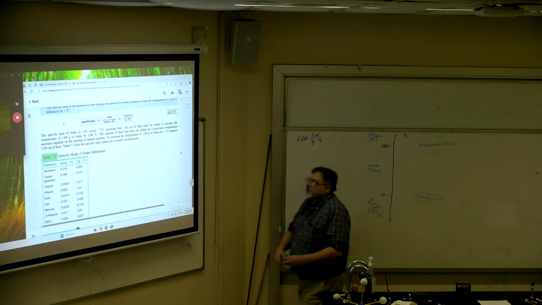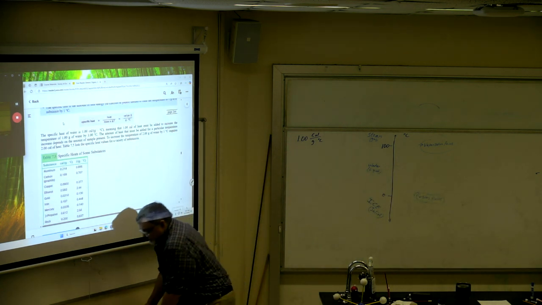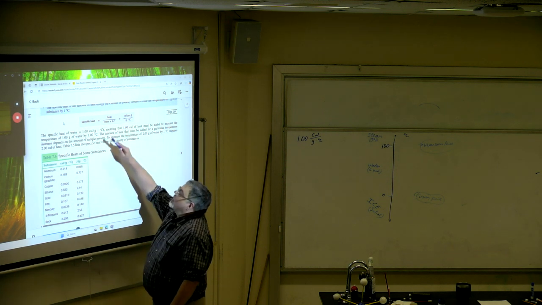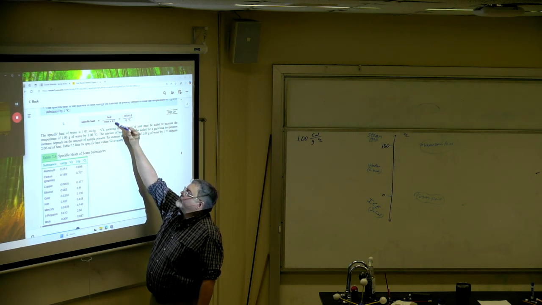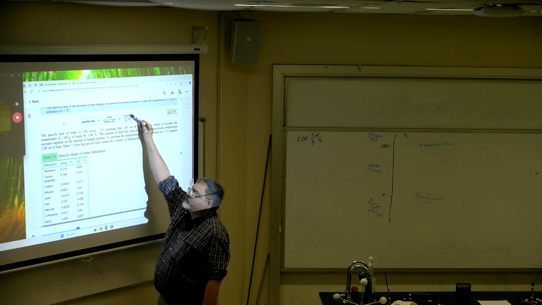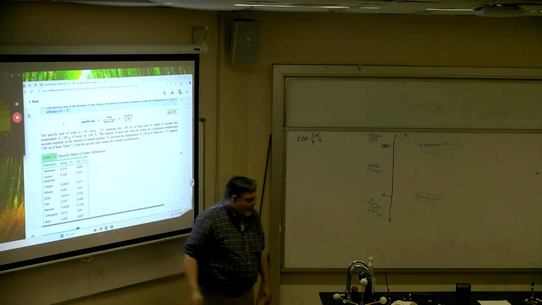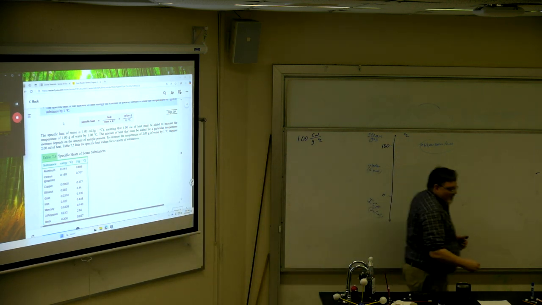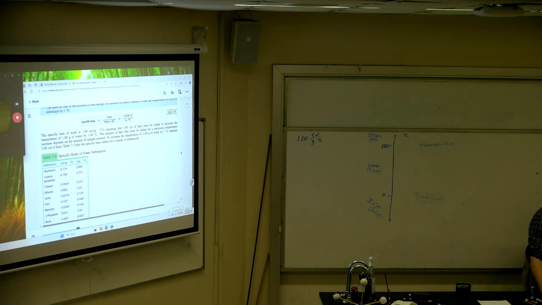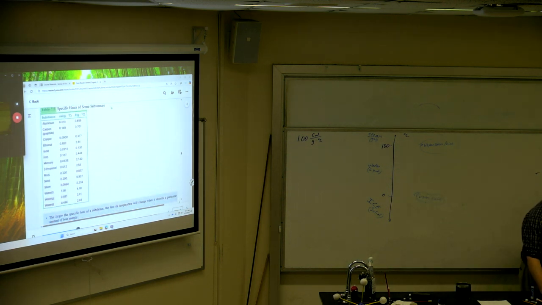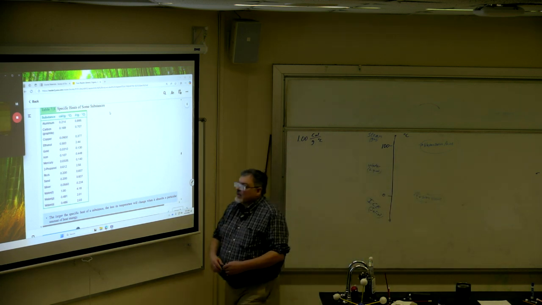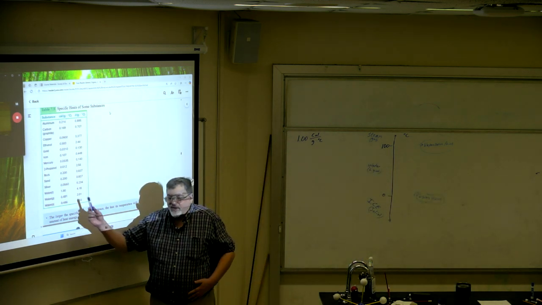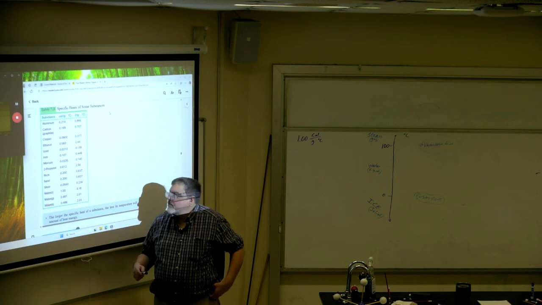Do notice, here's the definition of specific heat. How much heat does it take to change some mass by some change in temperature? And this is just showing you the units. But I want to point here, I have to scroll down a little. I'll give you this on a test to help you answer questions, and you probably have to reference this to answer some of the questions from the book.